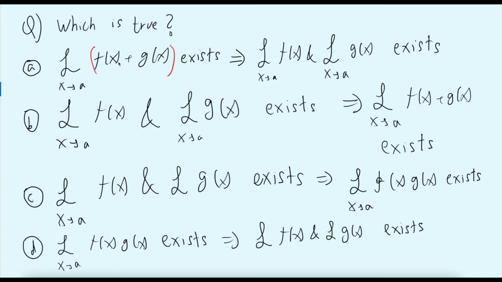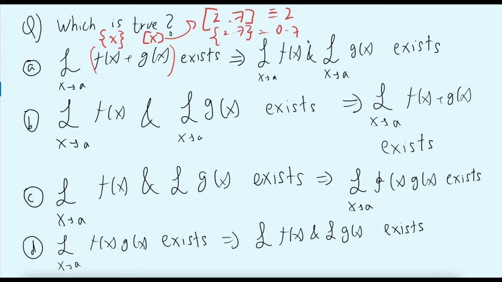One function which comes to my mind is the fractional part of x and the floor function of x. The floor function of x gives the greatest integer less than or equal to x: if x is not an integer it gives the integer just below, and if x is an integer it directly gives that integer. For example, the floor of 2.7 is equal to 2, and the fractional part of 2.7 is equal to 0.7.